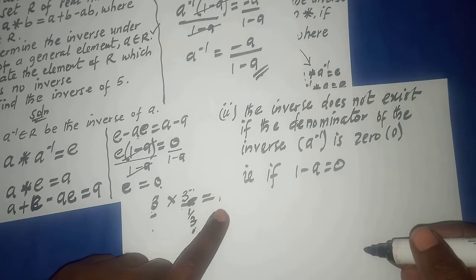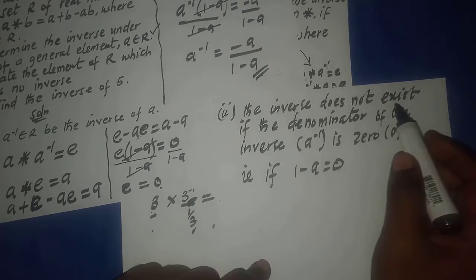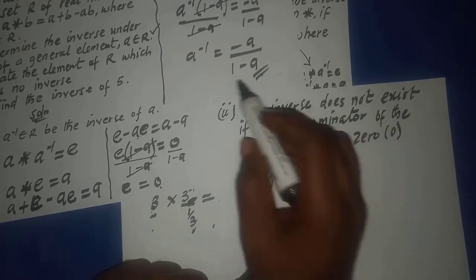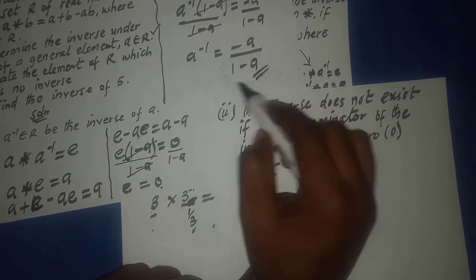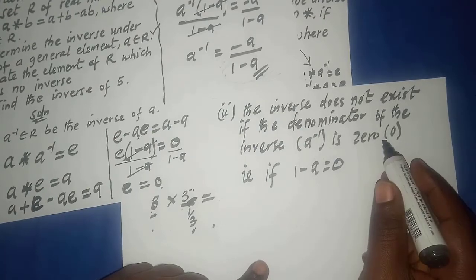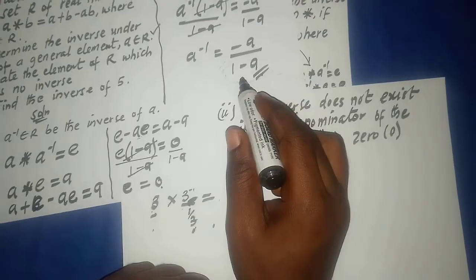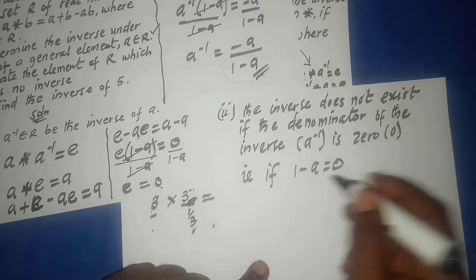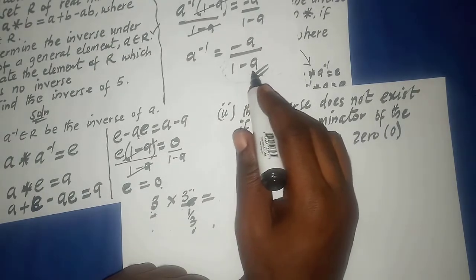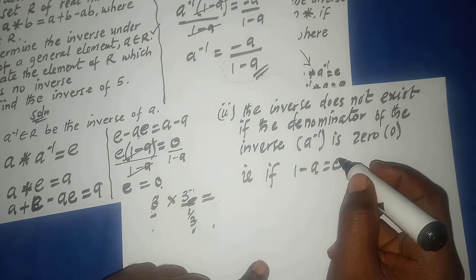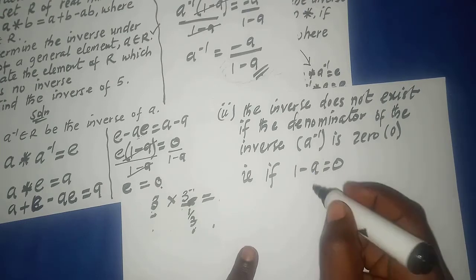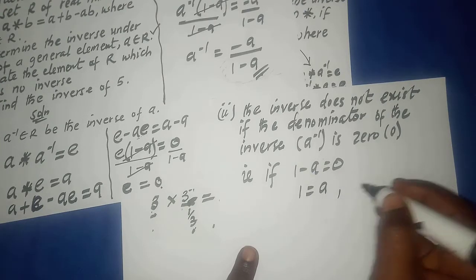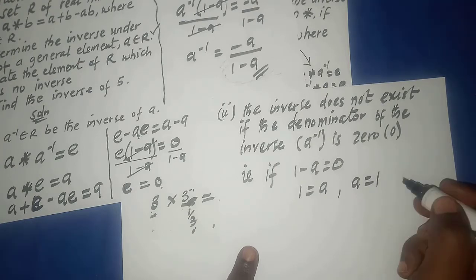The inverse does not exist if the denominator of the inverse is 0. So if 1 minus A, which is the denominator, is equal to 0, it means the inverse does not exist. And 1 minus A equal to 0 means 1 is equal to A, which is the same as A equal to 1.